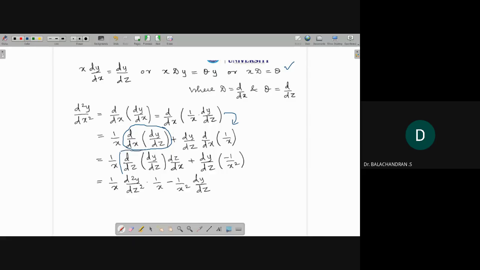This is a chain rule. So d by dx of dy by dz equals d by dz of dy by dz into dz by dx, plus dy by dz into the derivative of 1 by x, which is minus 1 by x square.